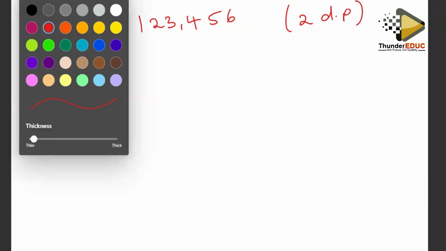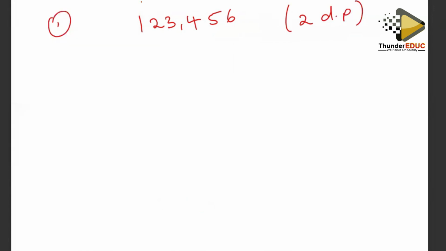Let's say we have something like 1,23456. Then they ask us to round this off to 2 decimal places. Start by identifying the rounding position. It's the second decimal place.